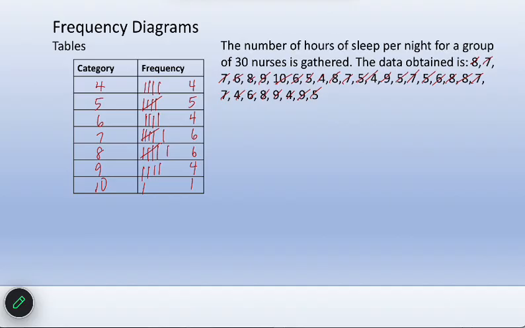Yeah, okay. So it said we have 30 sets of data, 30 pieces of data. So this total here should be 30. Now, we don't really need the tally marks, so you could erase the tally marks as well if you would like.